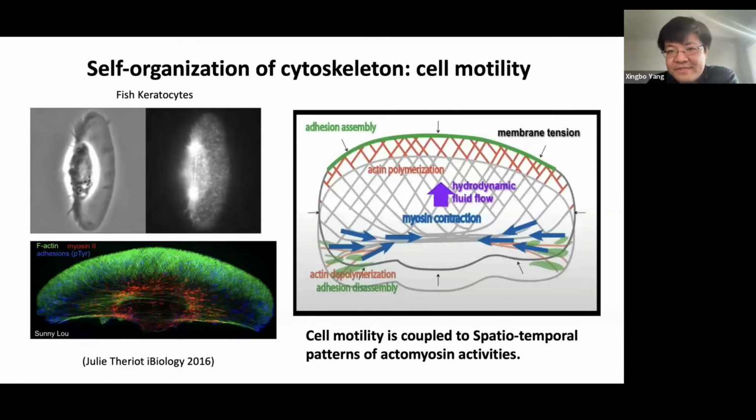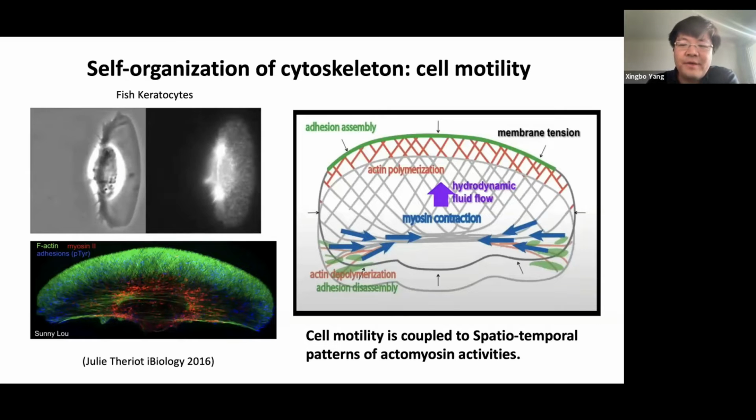What I want to emphasize is that this requires a very elaborate spatial-temporal dynamics of actomyosin activities. It's more than even just the protrusion of the actomyosin network at the forefront. They also involve the disassembly of the actomyosin network, contraction of myosin at the back, and even hydrodynamic fluid flows of those actomyosin networks.